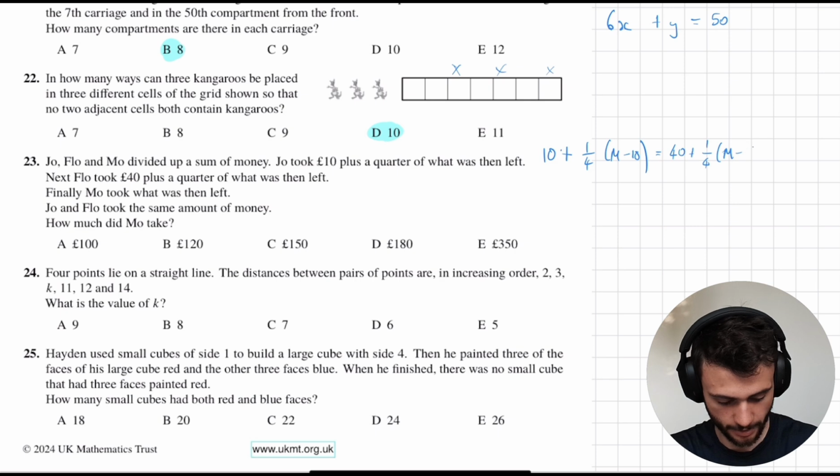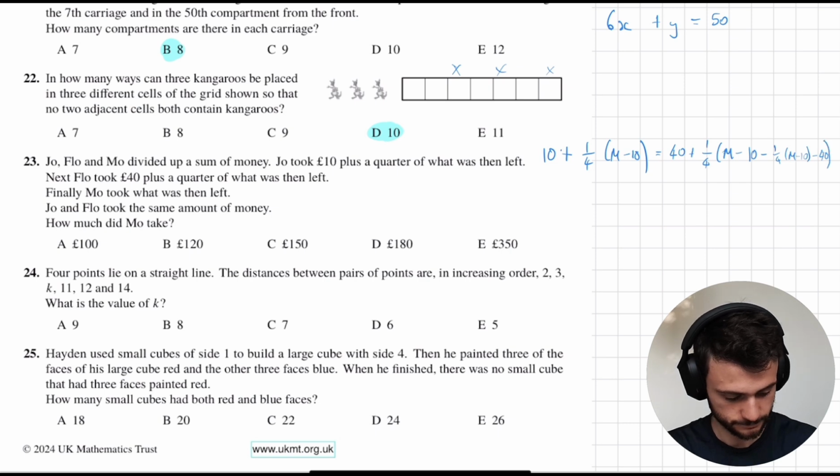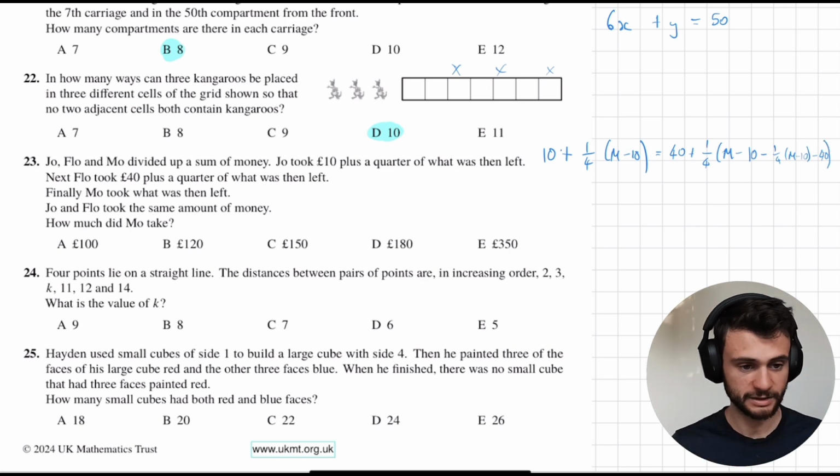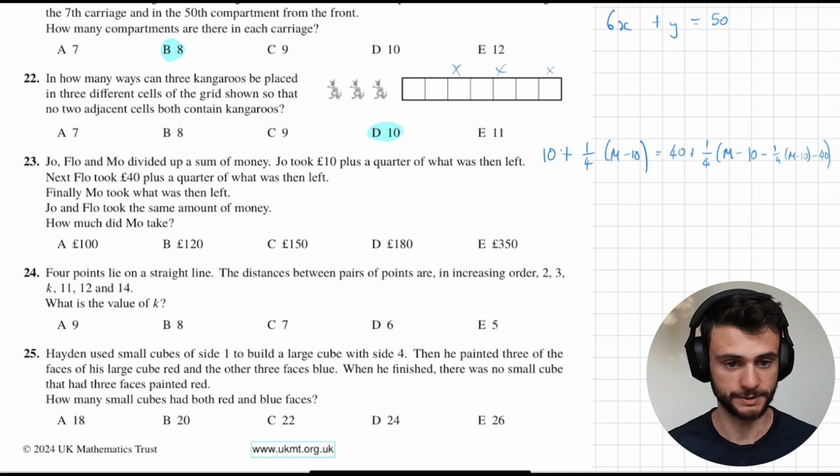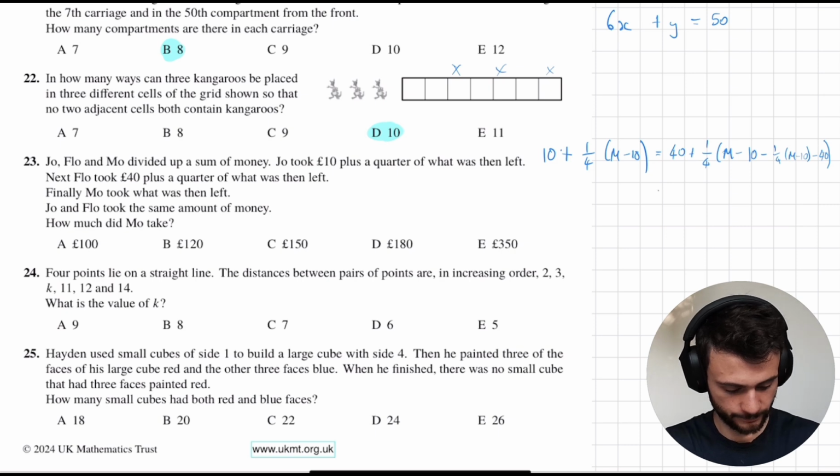So M minus 10 minus a quarter of (M minus 10), minus 40. That should tell us the amount of money that was left after Flo had taken her £40. Okay, this is pretty ugly, so we're going to start trying to tidy this up.